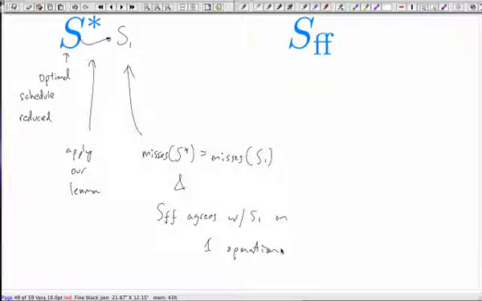We apply our lemma once to the optimal solution. That's going to produce S1. And we know that now S1 has the same number of misses as the optimal solution, but it agrees with our farthest in future on the first operation. Now what do we do?